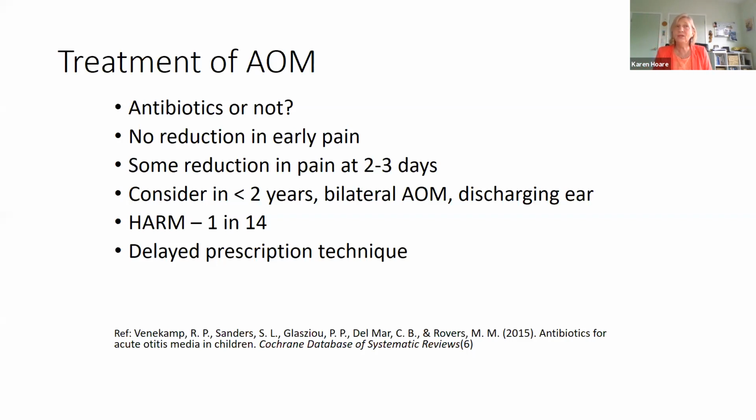Now, if you think of a tiny child, less than 2 years, you do want to reduce the pain, which is why you would consider giving antibiotics for bilateral acute otitis media in a child less than 2 years, or with a discharging ear, which is another reason for maybe giving antibiotics.